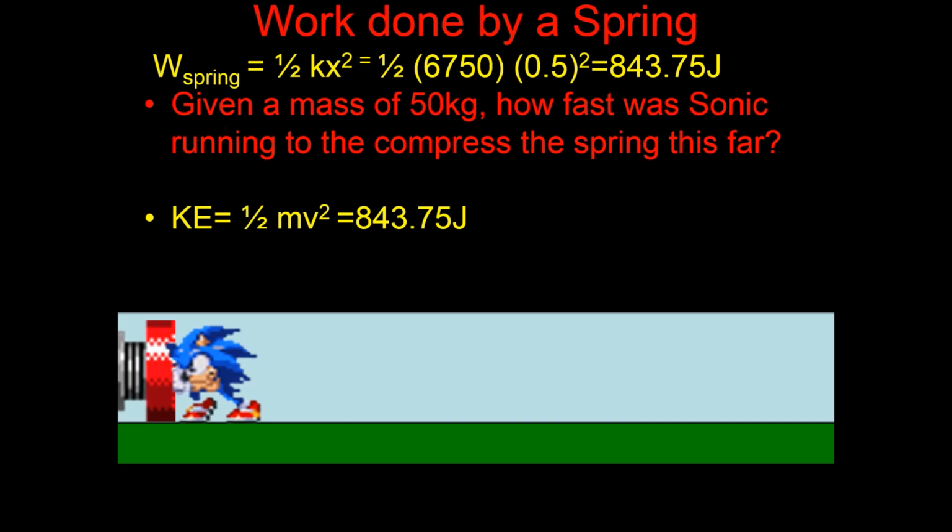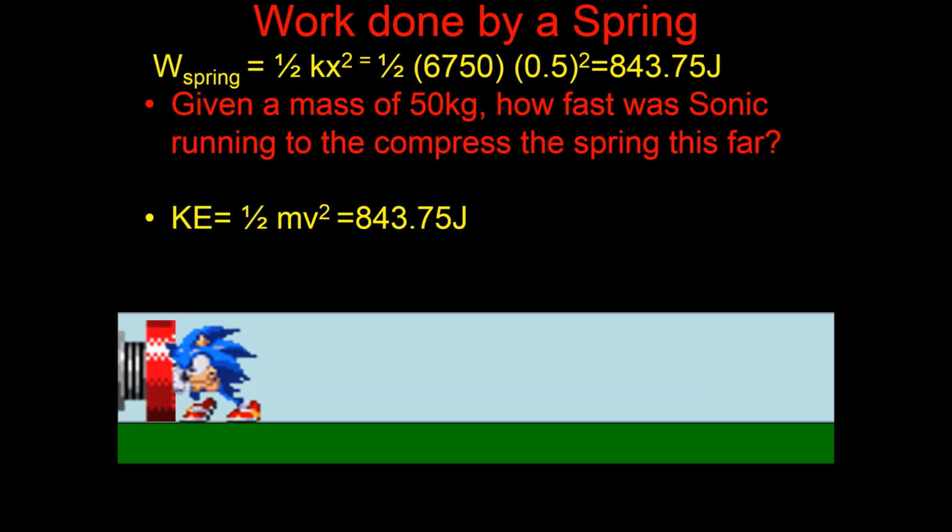Now, I had to guess the mass of a cartoon blue hedgehog, so there might be a slight error in that, but given that he would have a mass of about 50 kilograms, how fast was Sonic running to compress the spring by 0.5 meters? Well, what do we know? We know that he compressed the spring by 0.5 meters and the work done by the spring was 843.75 joules.